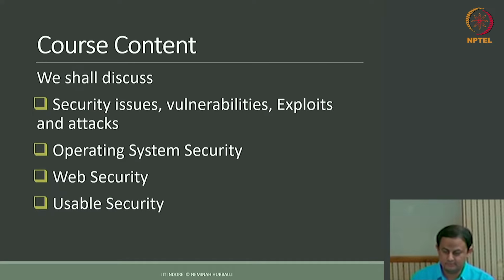Those aspects we'll see. In the third part, we'll touch upon web security. If I develop a web application, what are the security issues that can appear there and how do we fix them? And then in the last part, we'll see the security aspect from the usability perspective. That's roughly the content of this course.